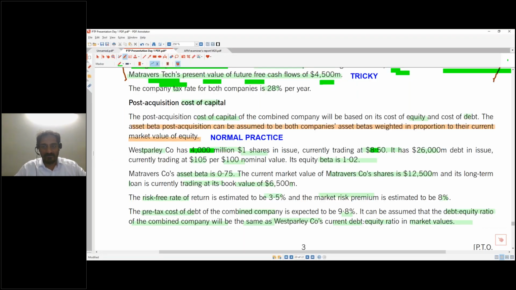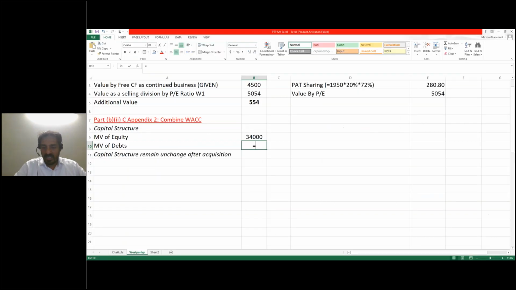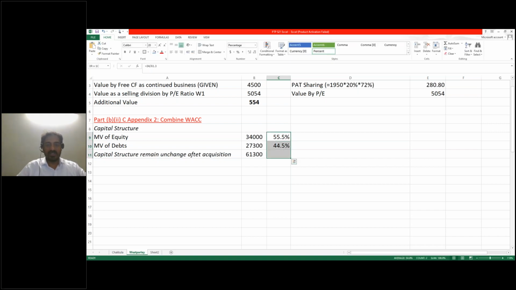What about the debts? 26,000 currently at 105 is equal to 26,000 multiplied by 1.05, is equal to 27.3. Make a percentage: 34 divided by 61.3, and 27.3 divided by 61.3. That's the capital structure. That remains unchanged.